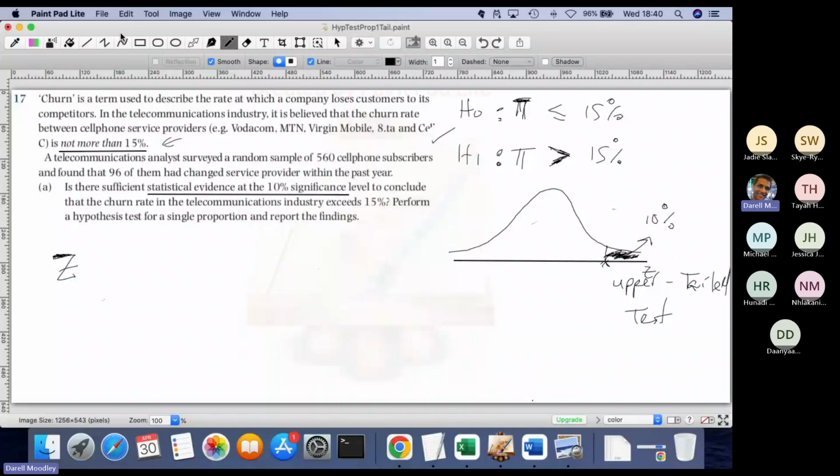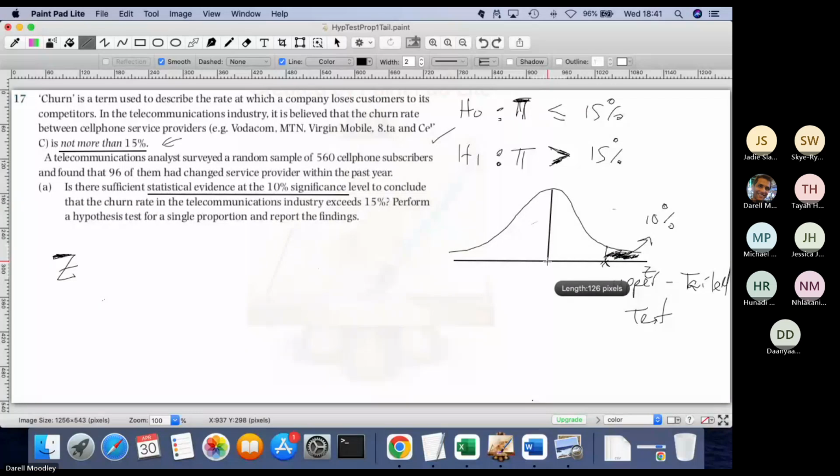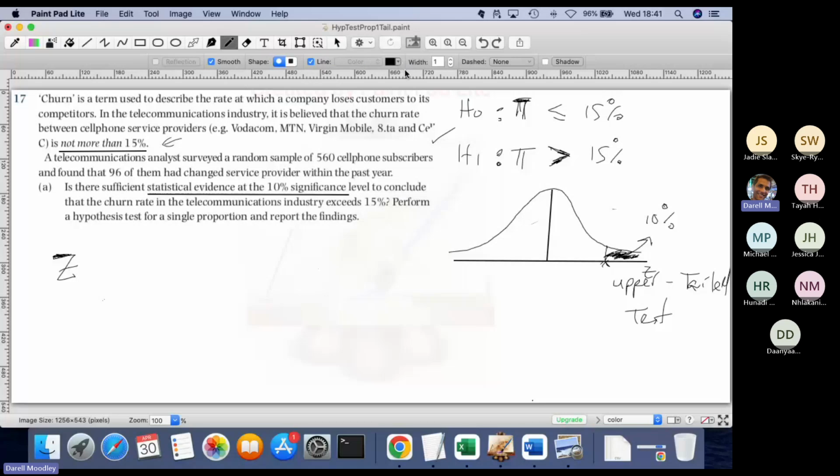Now remember, your z curve likes to make your life a bit difficult. It only gives you the z values for areas from 0 to that z value. So in other words, here's your 0, and it'll give you this area.